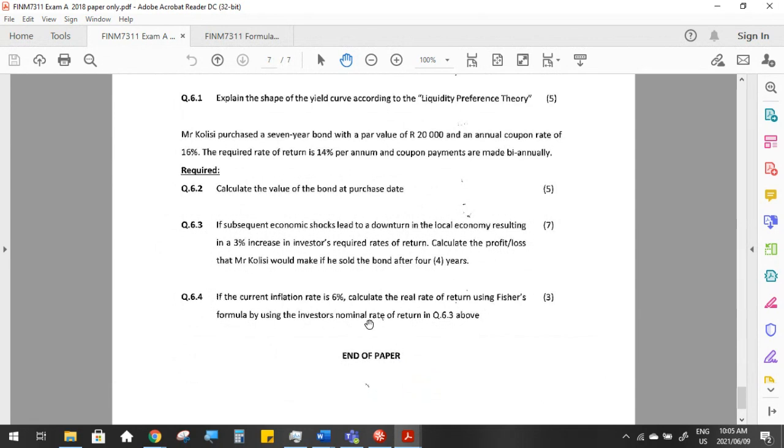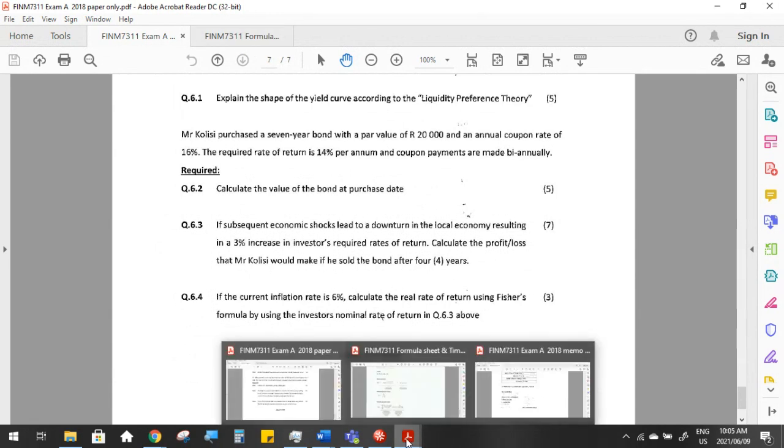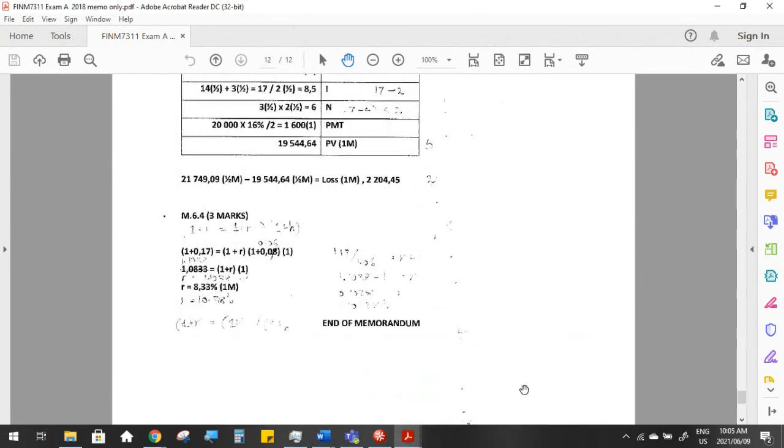So just Fisher's formula, you have to remember it, memorize it, and then substitute whatever the values are that they've given you here. There were errors in the memorandum, so that's why there's lots of scratchings out and markings on this paper, because where they've got 0.08, that should have been 0.06.